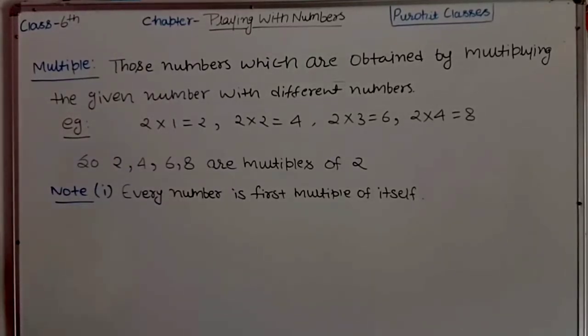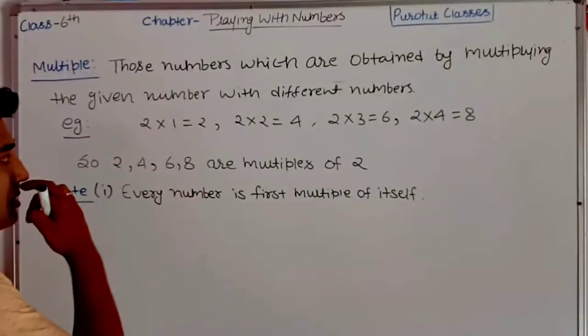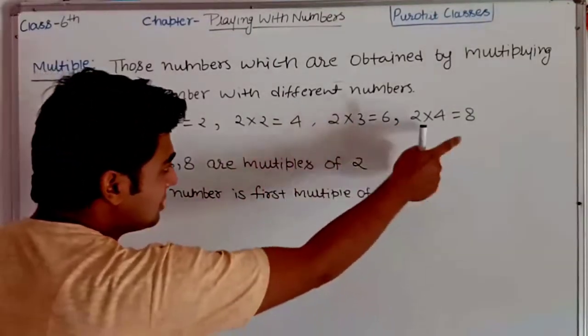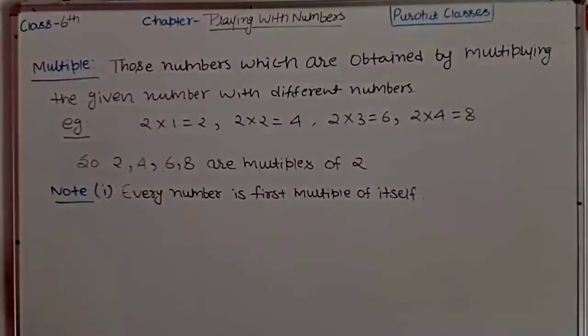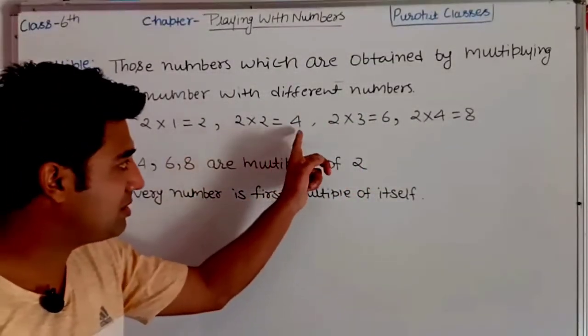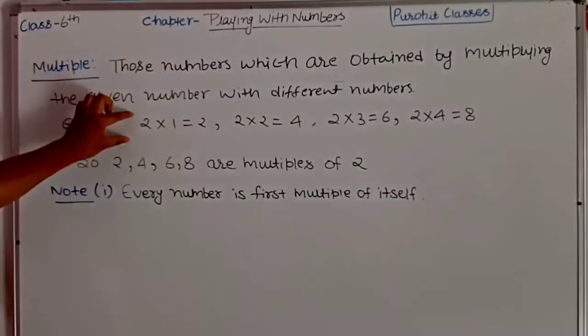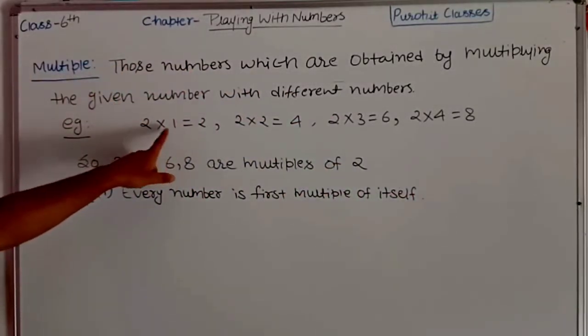The second observation says to pay attention to every multiple of 2: 2, 4, 6, 8. Except 2, the remaining are greater than 2. Except this 2, the remaining multiples 4, 6, 8 are greater than 2, and the first multiple is always equal.